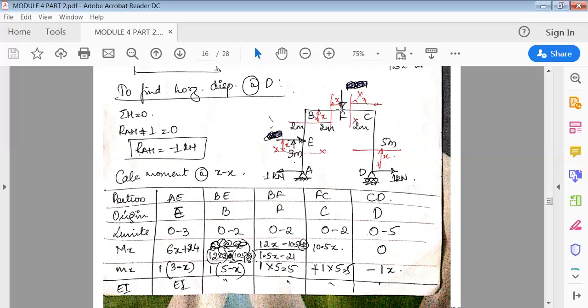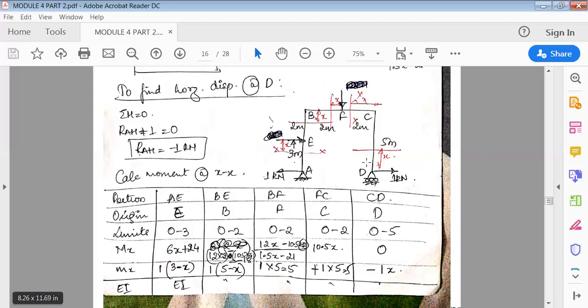In BF, F is the origin. In FC, C is the origin, and in CD, D is the origin. So limits: AE 0 to 3, then 0 to 2, 0 to 2, 0 to 2, and 0 to 5.